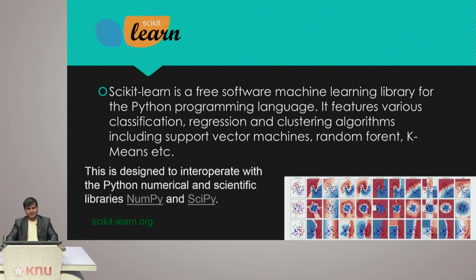Okay, scikit-learn, it's another tool, and this is designed to interoperate with Python numerical and scientific libraries like NumPy and SciPy. We already touched on NumPy and SciPy, but this is going to give us some more support, and this support basically is more powerful for machine learning purposes.